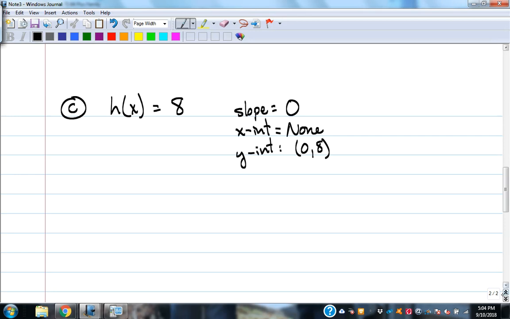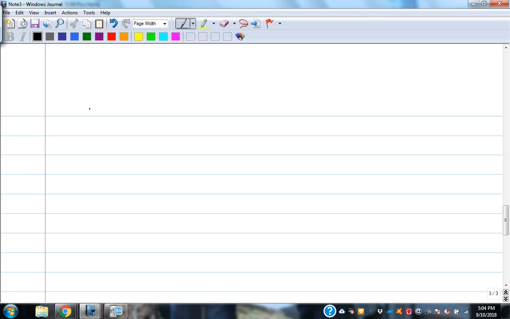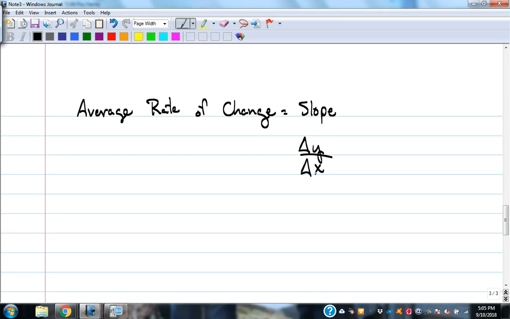All right, the next thing is the average rate of change. Fancy, big, long name for slope. That's all it is. Average rate of change is slope. In your book or anywhere you look up college algebra things and they talk about the average rate of change, they're going to use these fancy things.